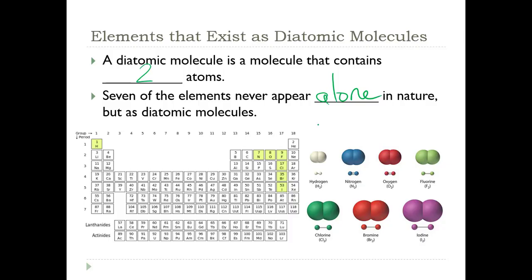The traditional mnemonic is: have no fear of ice cold beer. But since some of you may not be of drinking age, we would say: have no fear of ice cold beverages, to help you remember which ones are diatomic.